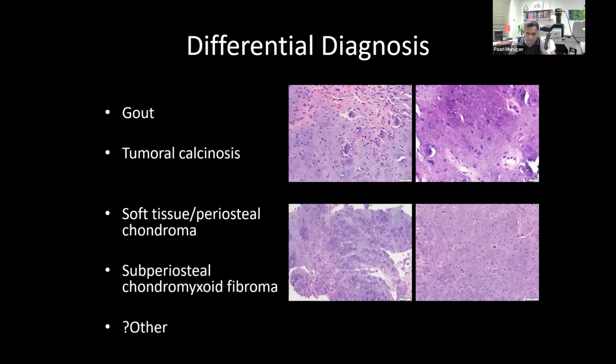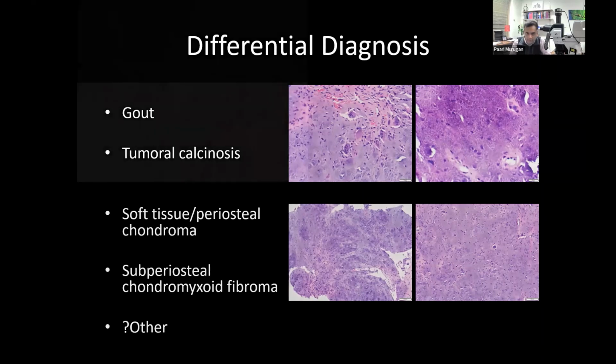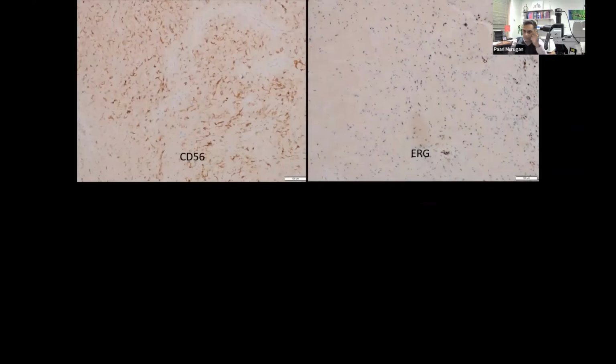So some immunohistochemical stains were done. So you can see that this particular immunohistochemical stain is strongly diffusely positive. This is actually CD56. And then I also have ERG. ERG, as you know, is a very good marker for endothelial cells, but these tumor cells, in addition to some of the blood vessels, are positive.